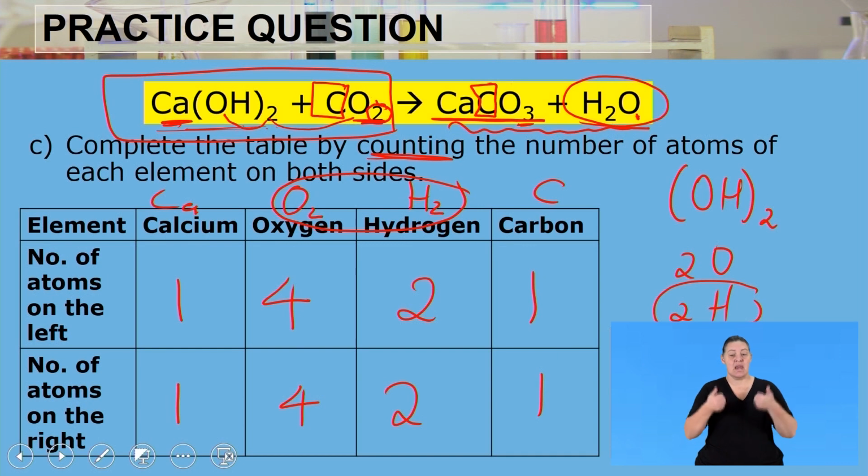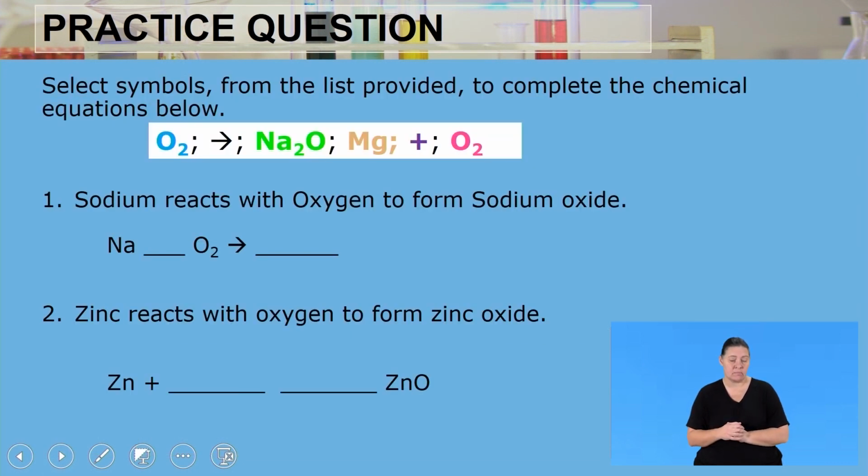Next question. So we now need to select symbols from the list provided to complete the chemical equations below. So we have O2, the arrow, Na2O, Mg, the plus sign, and also O2. Then the first chemical equation is saying sodium reacts with oxygen to form sodium oxide.